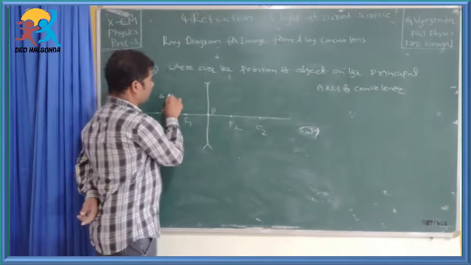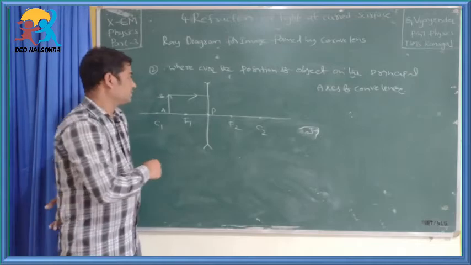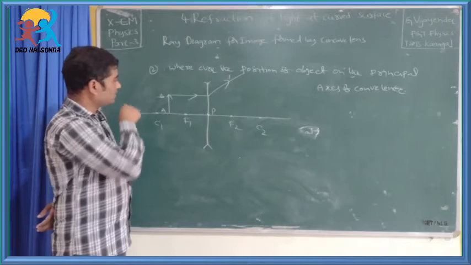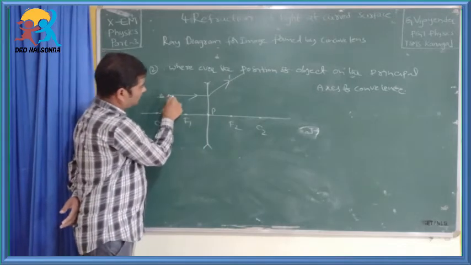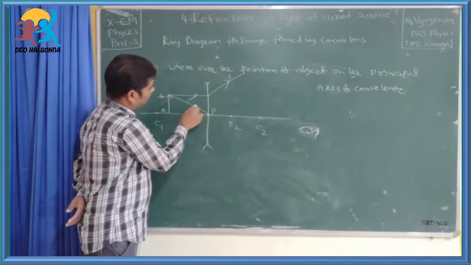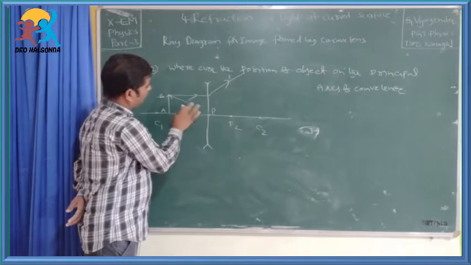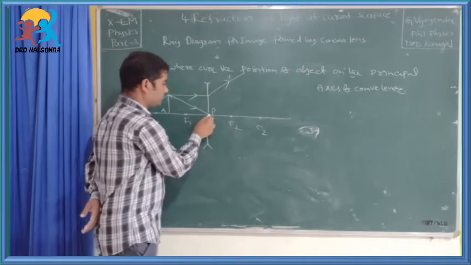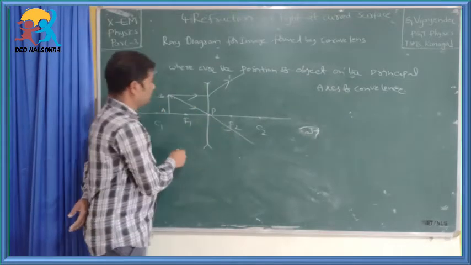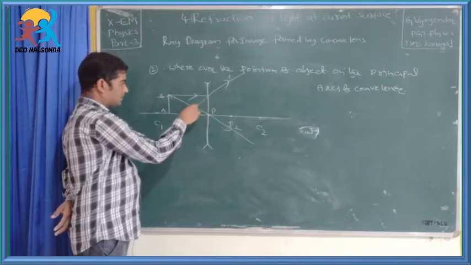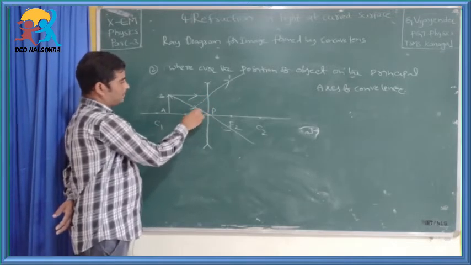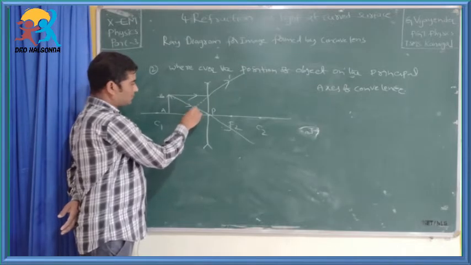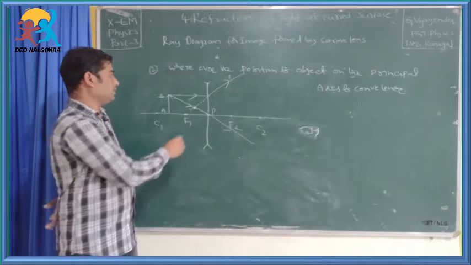Now draw a ray parallel to the principal axis. After refraction, it appears to pass from the focus. Another ray passes through the optic center of the concave lens, and it is refracted undeviated. Here if we extend these two refracted rays backwards, they intersect here.